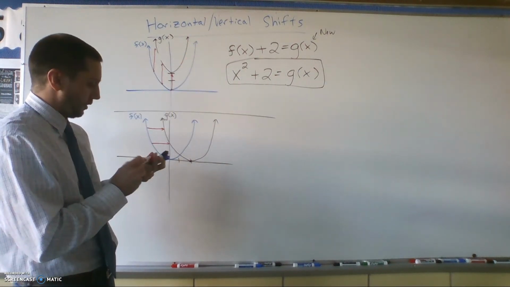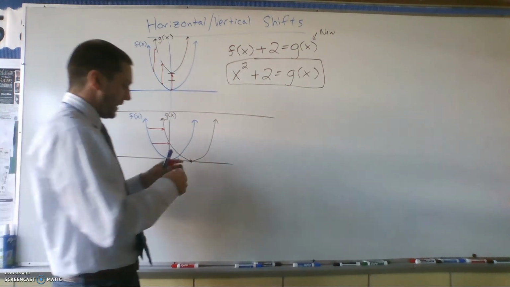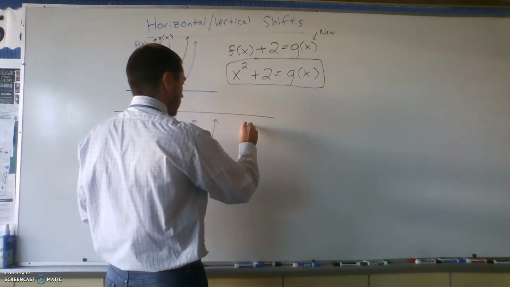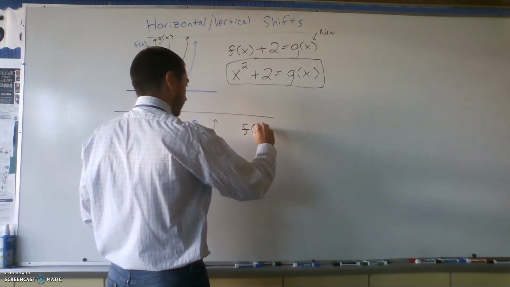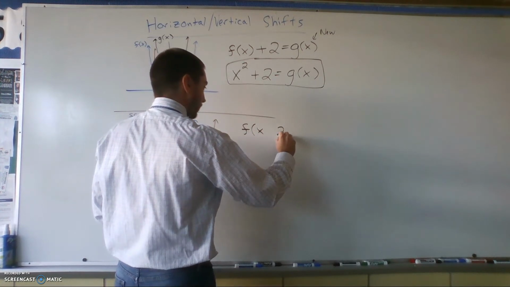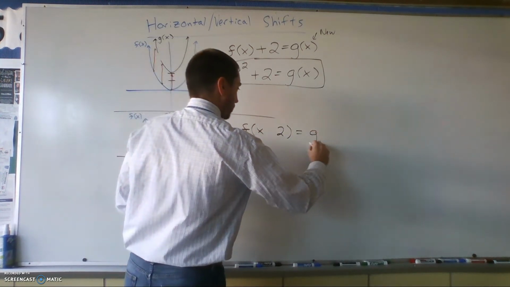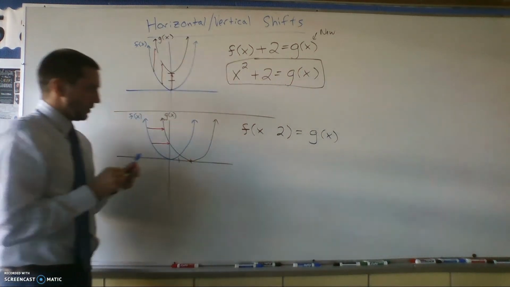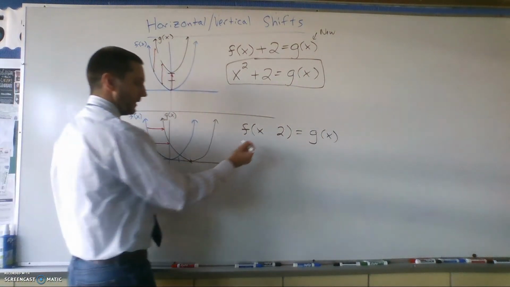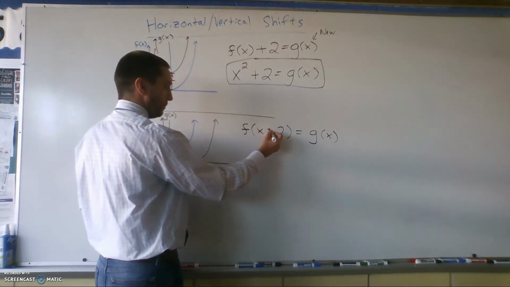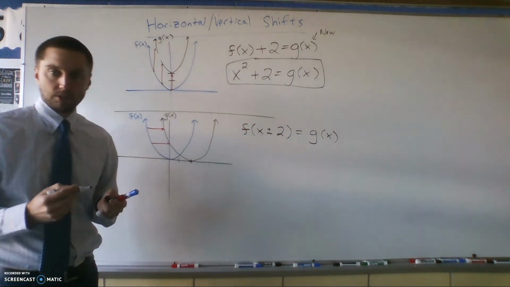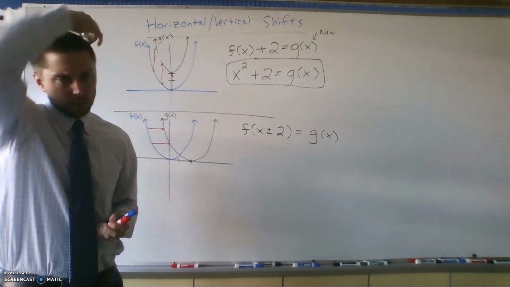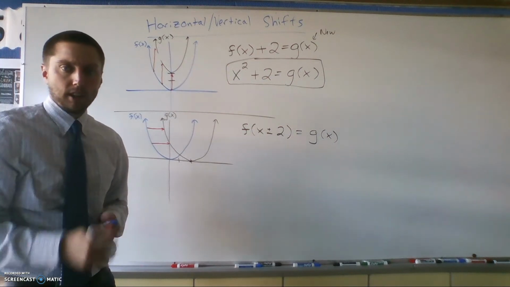So if we follow the same strategy as we did earlier, now we're taking f of x, but we're changing the inputs. So it's going to be f of x, and then I'm not going to tell you which yet, but it's either going to be +2 or it's going to be a -2. So we'll make a decision here in a second.